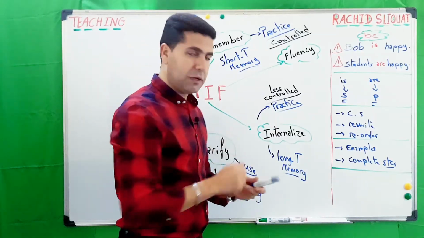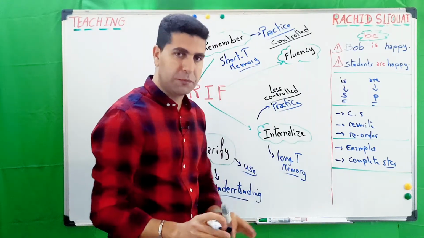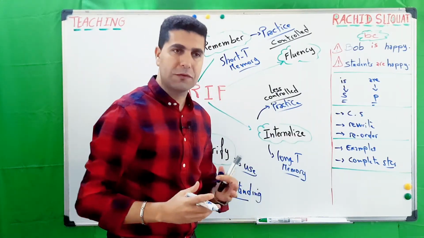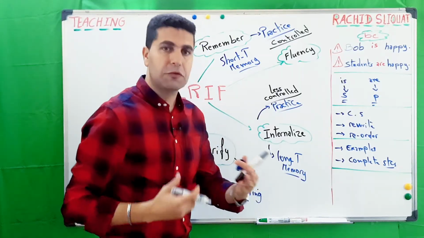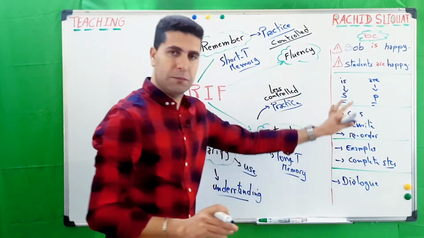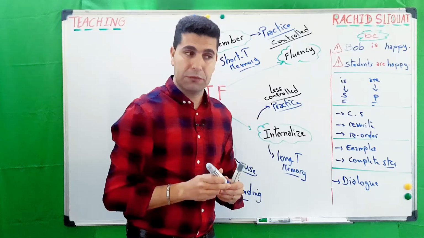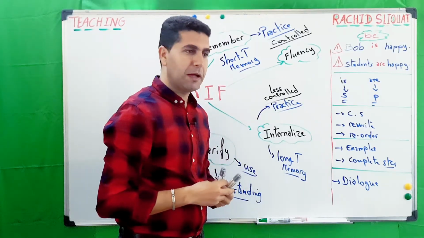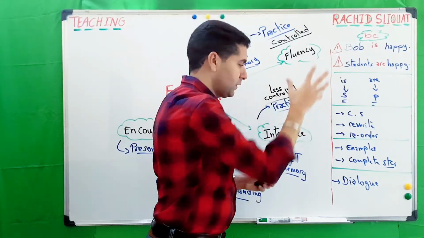Here again, you can put your students in groups to ask each other questions, to give information to each other, to converse in the form of dialogues. So here you can put your students in dialogues to ask each other questions about family members, about friends, etc., and by the way, using verb to be.